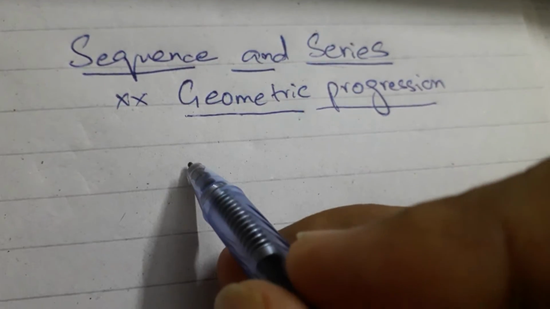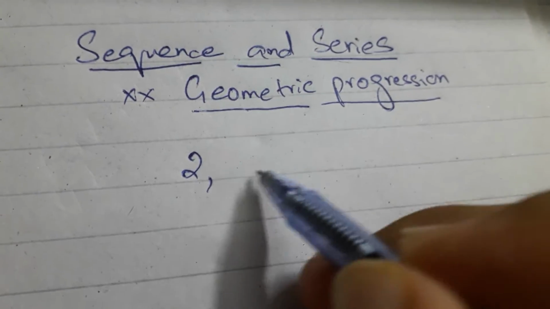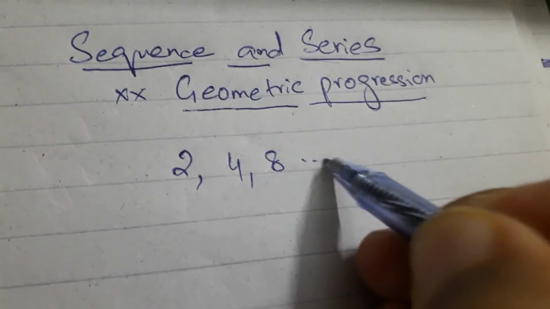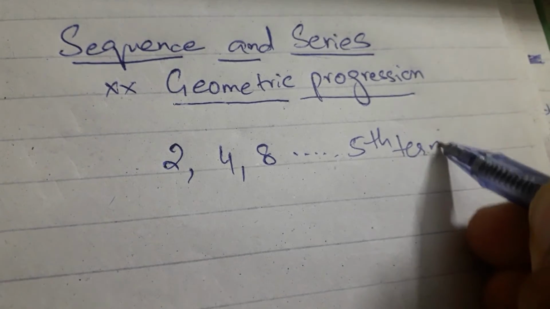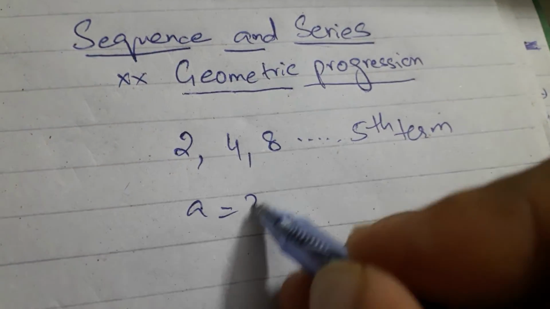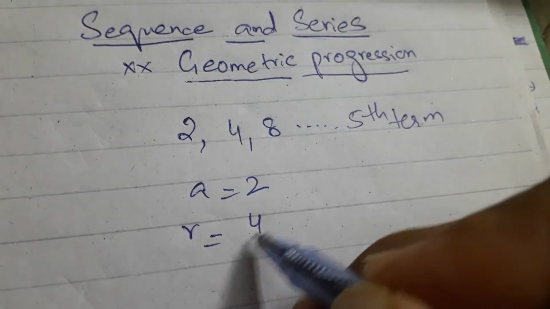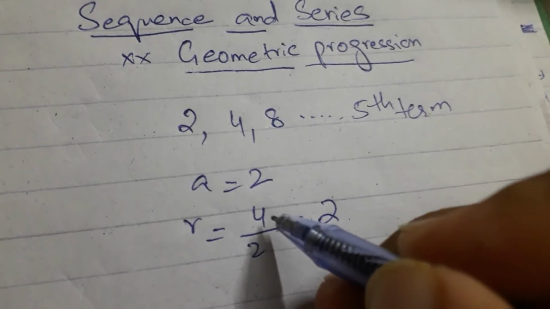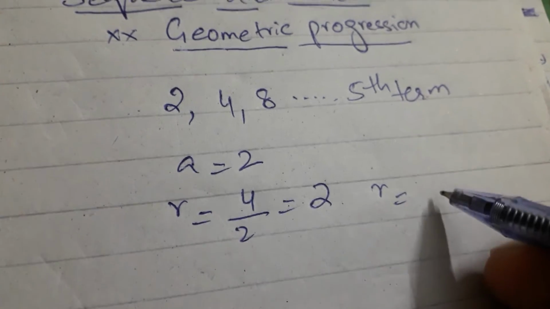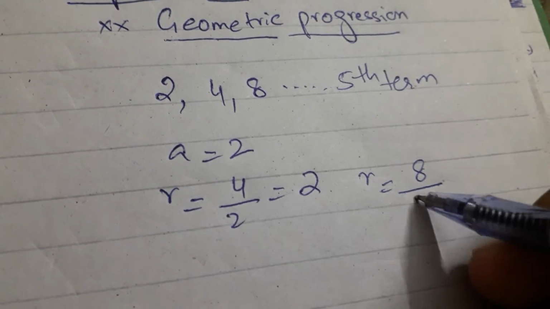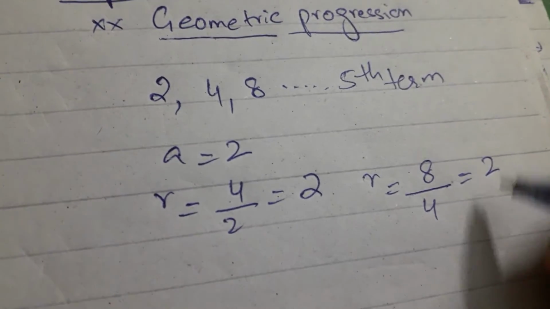Now what is ratio? If we have a series 2, 4, 8 and we have to find the fifth term, a is 2, ratio will be 4 divided by 2 is 2, second term divided by first term, or we can say the third number divided by second number, we will get 2.